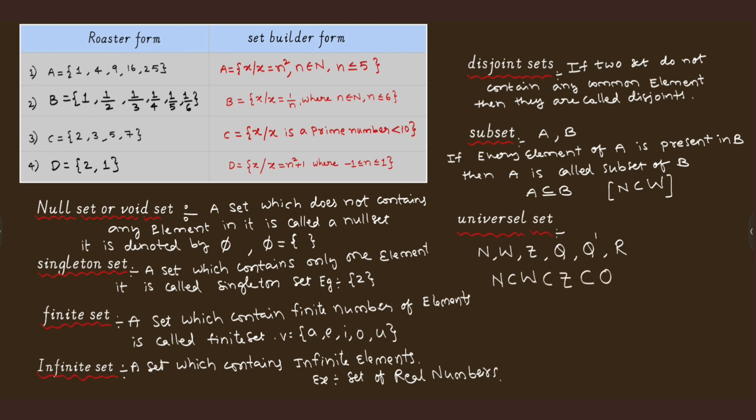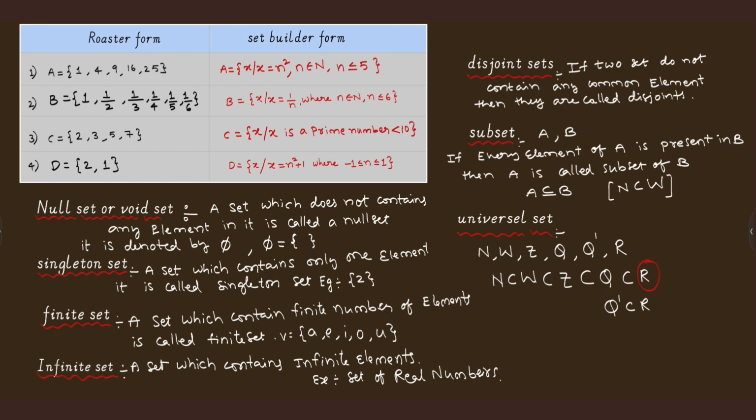Integers are a subset of rational numbers, and rational numbers are a subset of real numbers. We also know irrational numbers are a subset of real numbers. So here the real number set R is a superset of all these sets.